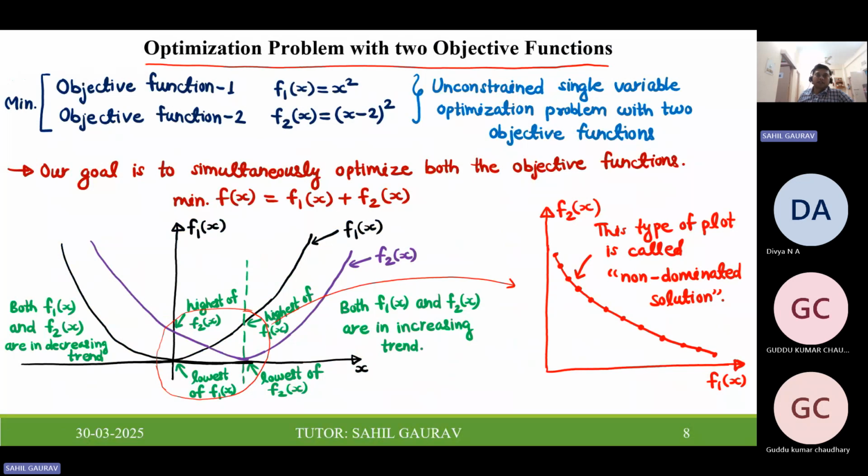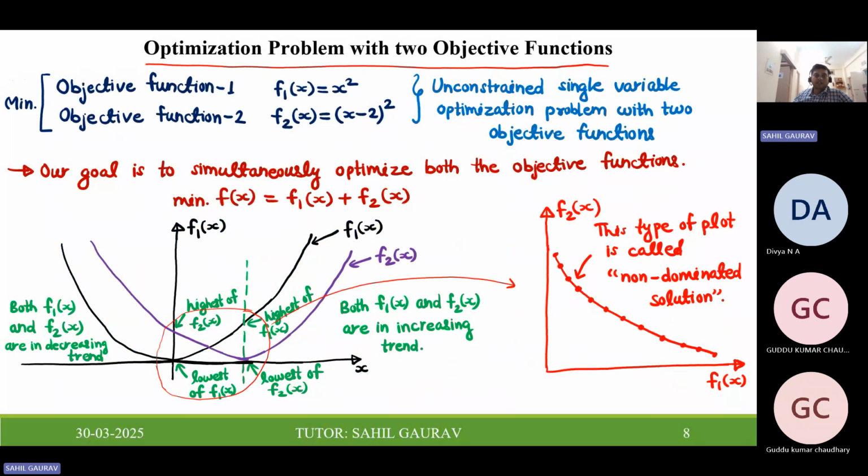Here we have taken an example of an optimization problem with two objective functions, where objective function 1 is f1(x) equal to x square, while objective function 2 is f2(x) equal to (x minus 2) whole square. So these are unconstrained single variable optimization problems with two objective functions.